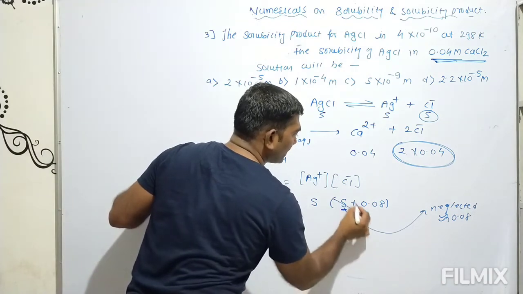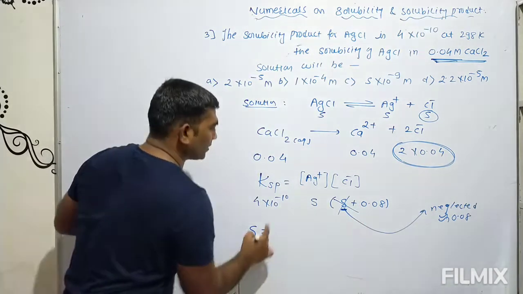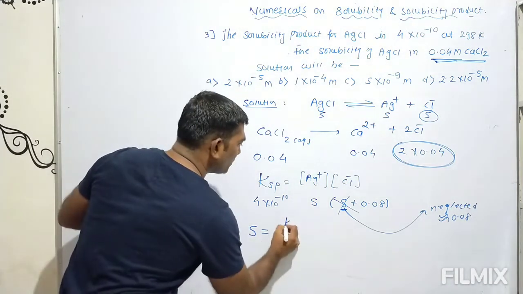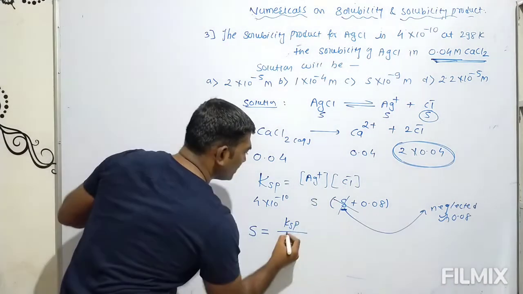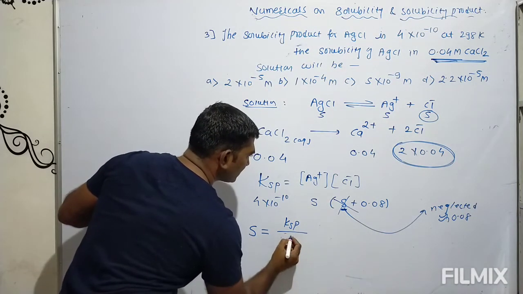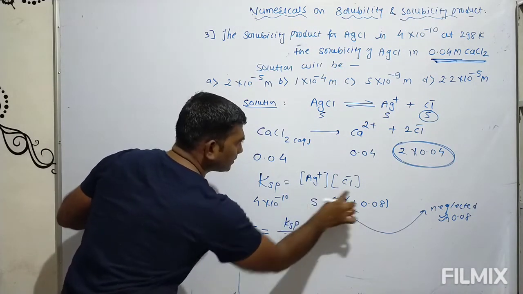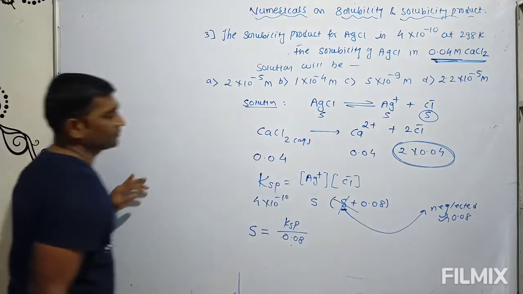This value is neglected. Means S is equal to Ksp upon the Ag positive concentration, that is S, into the Cl negative concentration, that is 0.08.